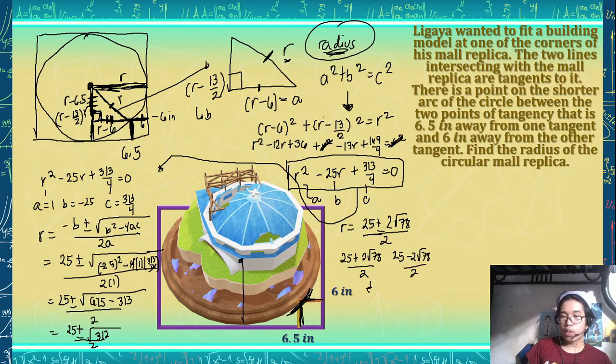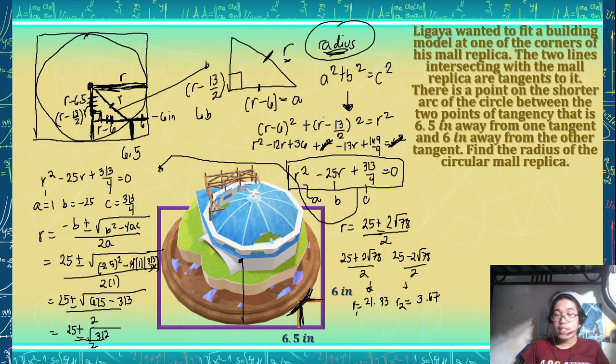Let's try to evaluate both of them. So that should be 25 plus 2 square root of 78 divided by 2. We're going to get the decimal value r sub 1 is equal to 21.33, and r sub 2 will give us 25 minus 2 square root of 78 divided by 2, so that should give us essentially 3.67.